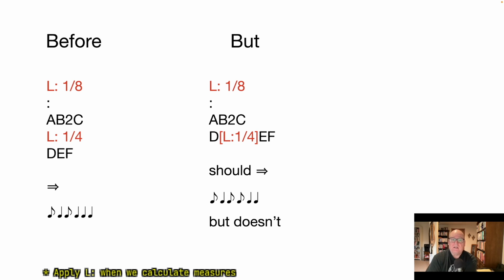The problem is this L:1/4, when we do it line by line, because of the way we're parsing, we parse lines individually, and it's okay that we're carrying state across. But with the state changing in the middle, and our parser is able to do backtracking because there are some modest ambiguities in the grammar.